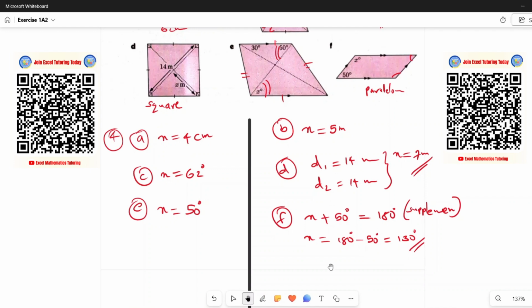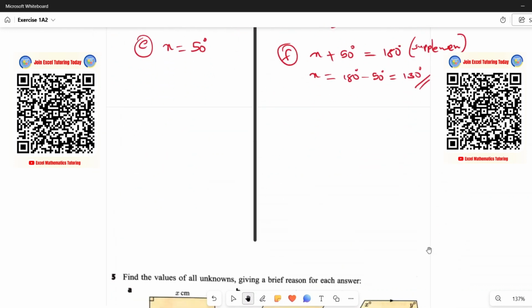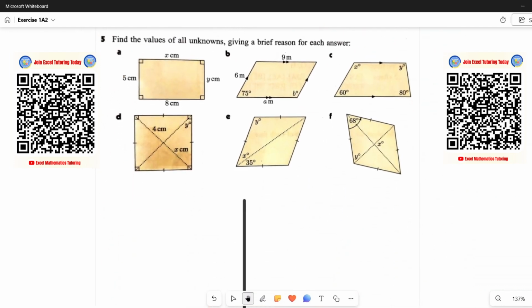Now moving on to the next question, that is the fifth question. Here we need to find the value of again x, find the value of unknowns, giving a brief reason for each answer. So what's our first figure? Our first figure is a rectangle.